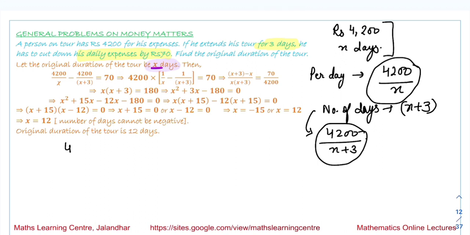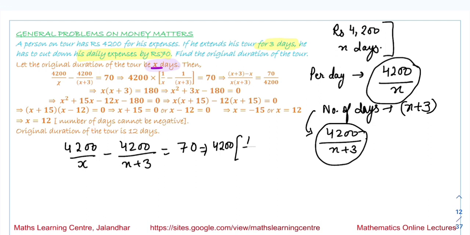It means 4200 over x minus 4200 over x plus 3 is equal to 70. So if we take 4200 common from both, we get 1 by x minus 1 by x plus 3 equal to 70. This gets cancelled and we are left with 60.